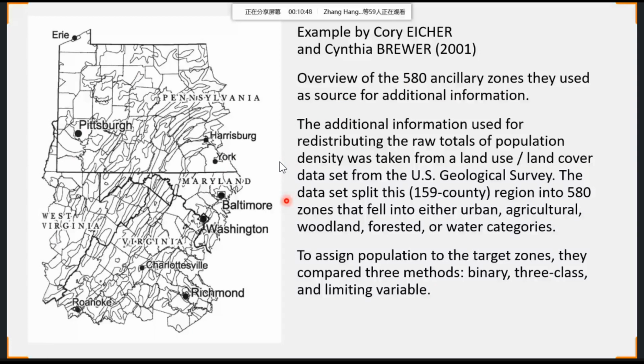The data set split this 159 county region into 580 zones that fell into either urban, agricultural, woodland, forested, or water categories. To assign population to the target zones, they compared three methods: binary, three-class, and limiting variable.